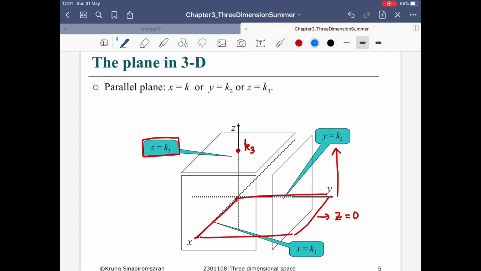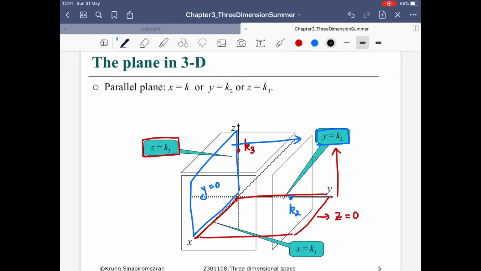On the same token, if you're talking about this plane, this one is the xz plane, or it is called the y equals 0 plane right here. And then you translate this one over there to this level at k2, okay, intersecting your y-axis at k2. So this plane now is called y equals k2, okay.